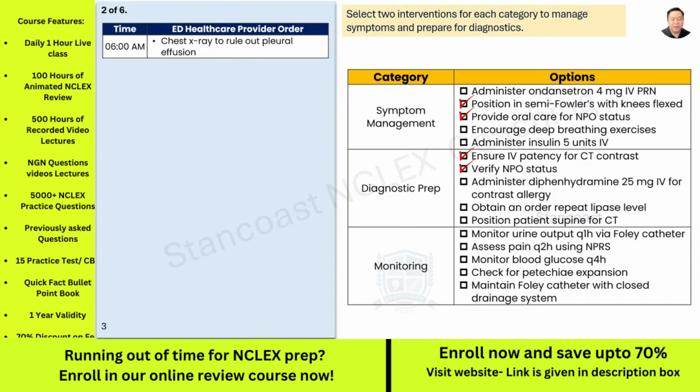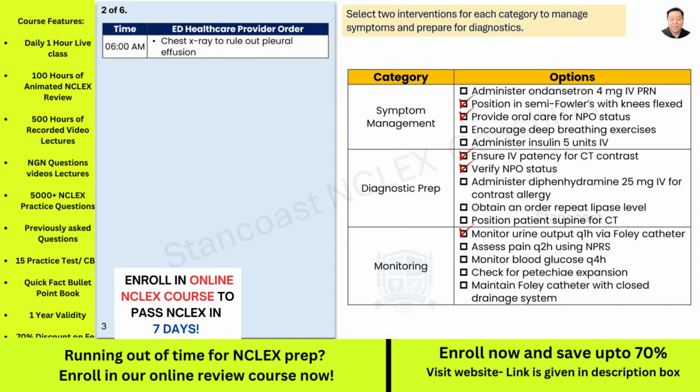Well, the first answer for this category is to monitor urine output every 1 hour via Foley catheter. And I want you to pay attention that the urine output is still low at 10 mL per hour. So this is something that you need to monitor hourly to assess renal perfusion and function.